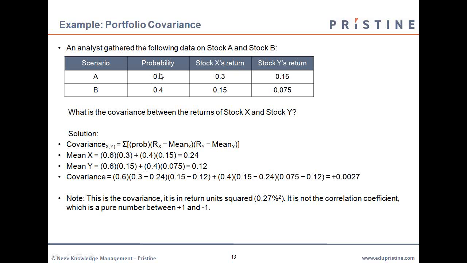To find the covariance, we'll multiply the probability of scenario A into stock X return minus the mean we have calculated.